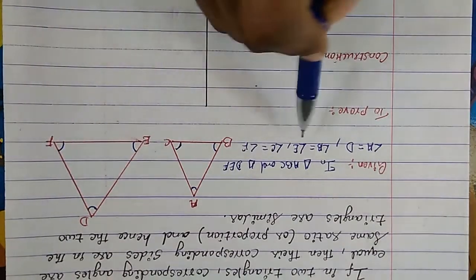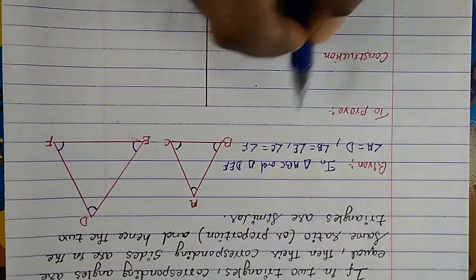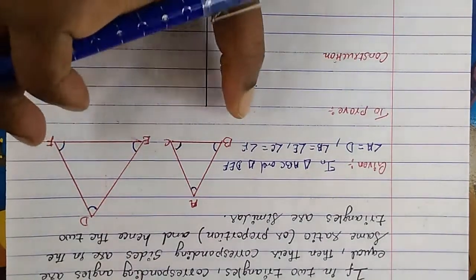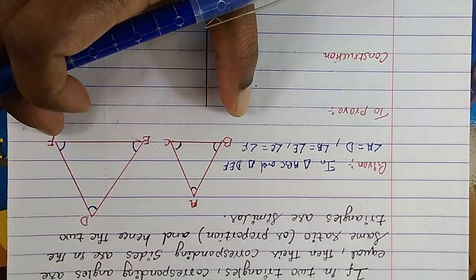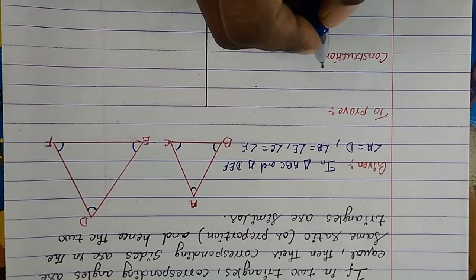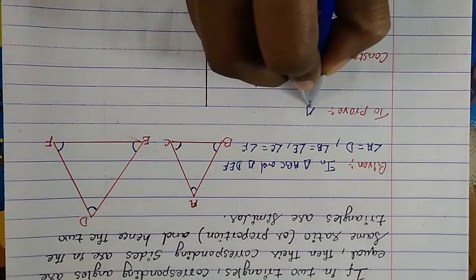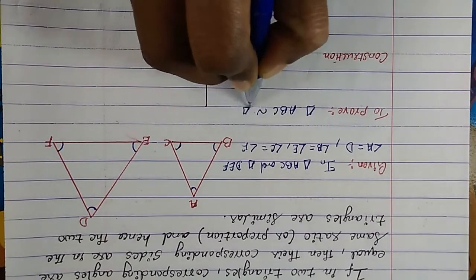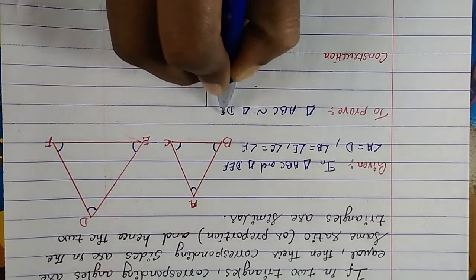So already we know angles are equal. Now we have to prove the sides are also in the same ratio. If we prove that, then we can say both are similar. So we have to prove that triangle ABC is similar to triangle DEF.